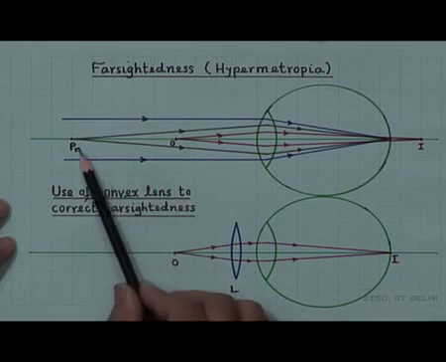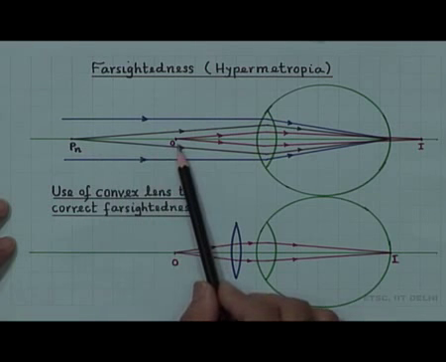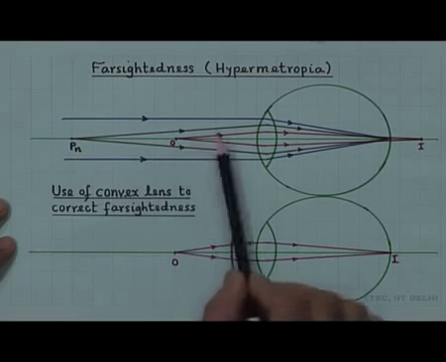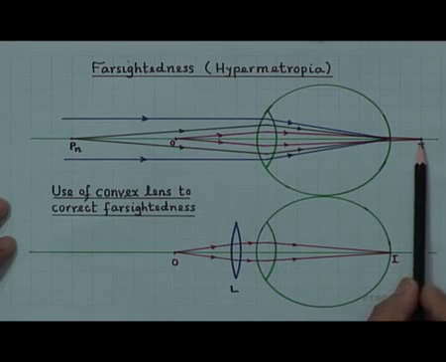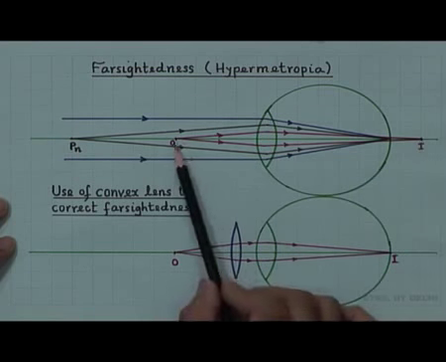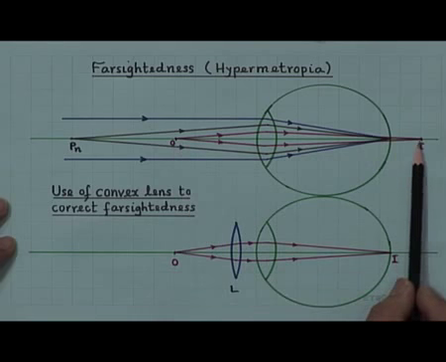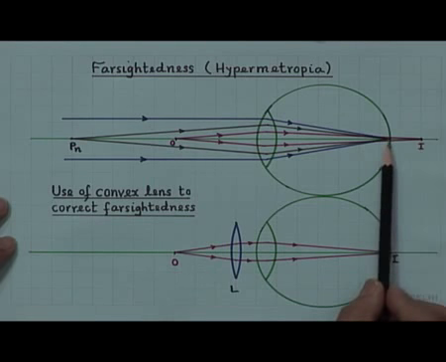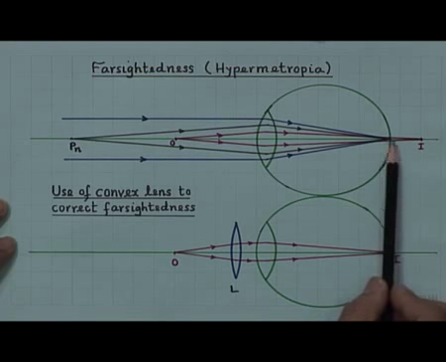An object nearer than the near point will get focused outside, at the image point here, which means on the retina it is not focused, and therefore he or she will see a blurred image.